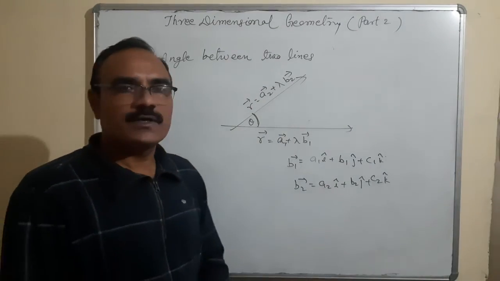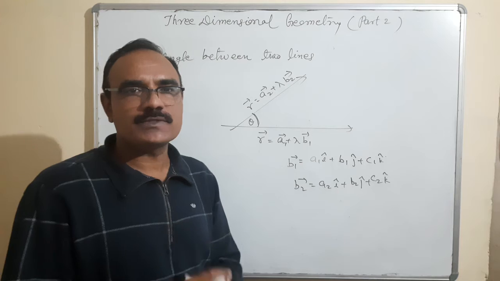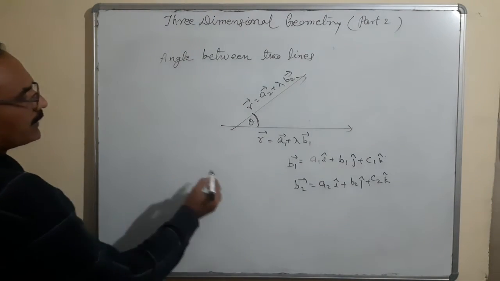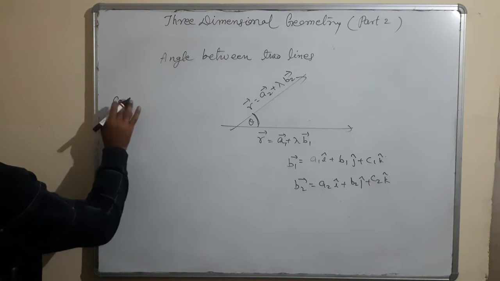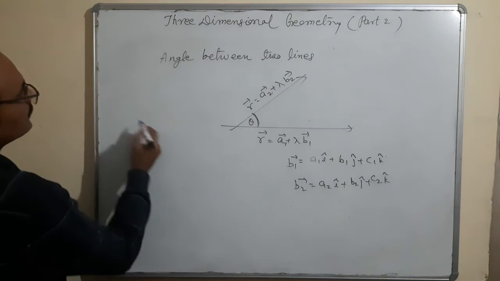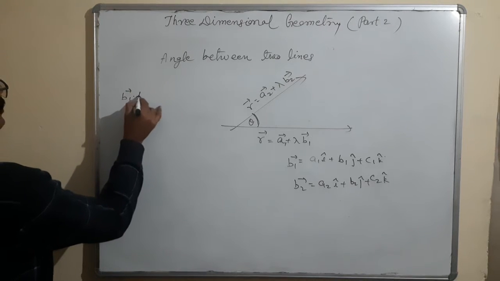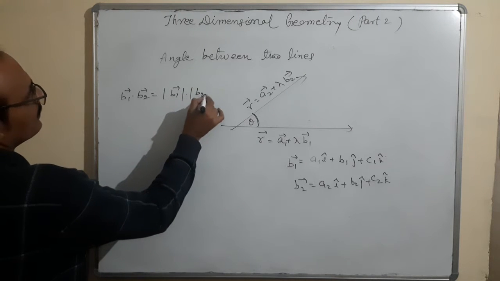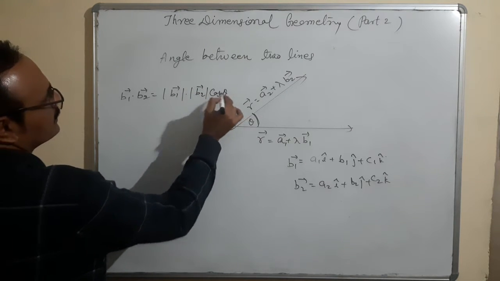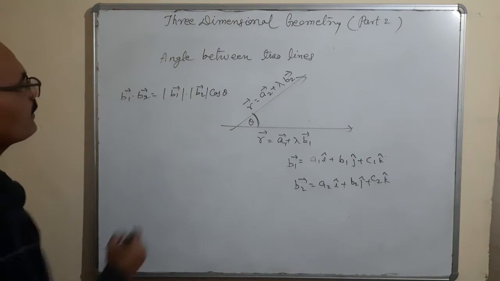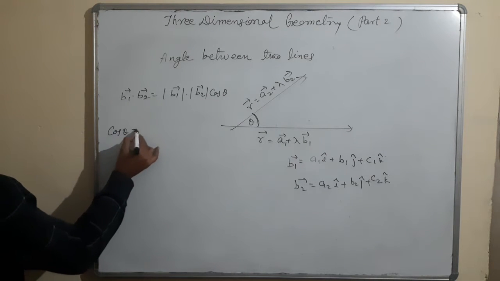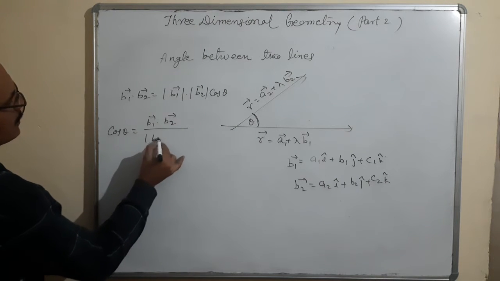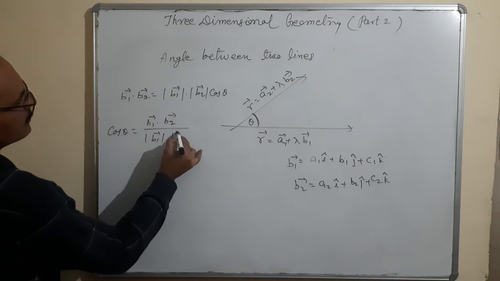For finding the angle between them, we simply use the definition of dot product. B1 dot B2 is equal to magnitude of B1, magnitude of B2, cos theta, where theta is the angle between them. Is it okay? So cos theta is equal to B1 dot B2 upon magnitude of B1 and magnitude of B2.